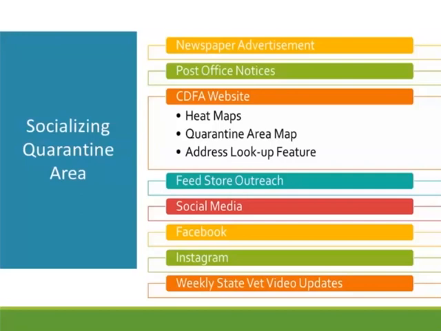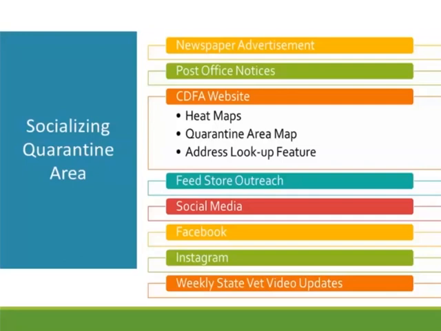The other thing, these are some of the other strategies we used to socialize the quarantine. We put in a newspaper advertisement. I know that sounds sort of like a dinosaur, but it is part of our statute, and it is a requirement for us to advertise in the newspaper, so we did that. We worked really closely with the post office to ensure that they were not shipping chicks and birds through the mail.